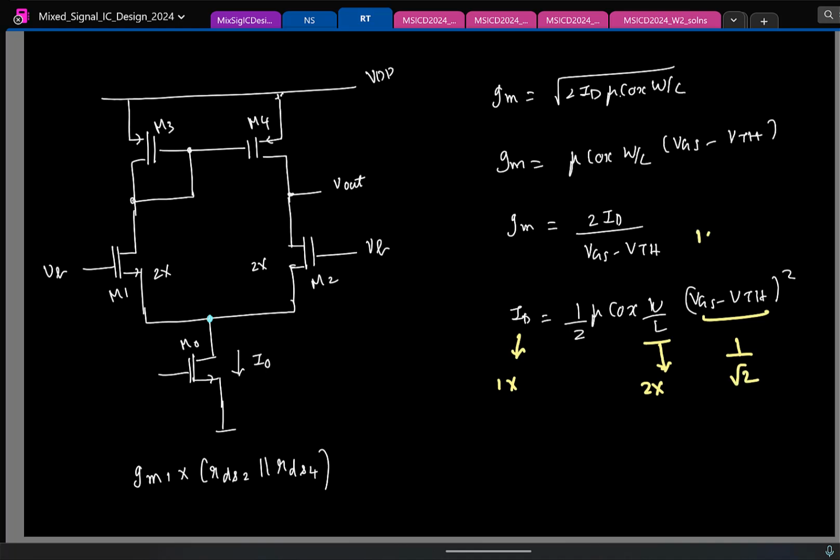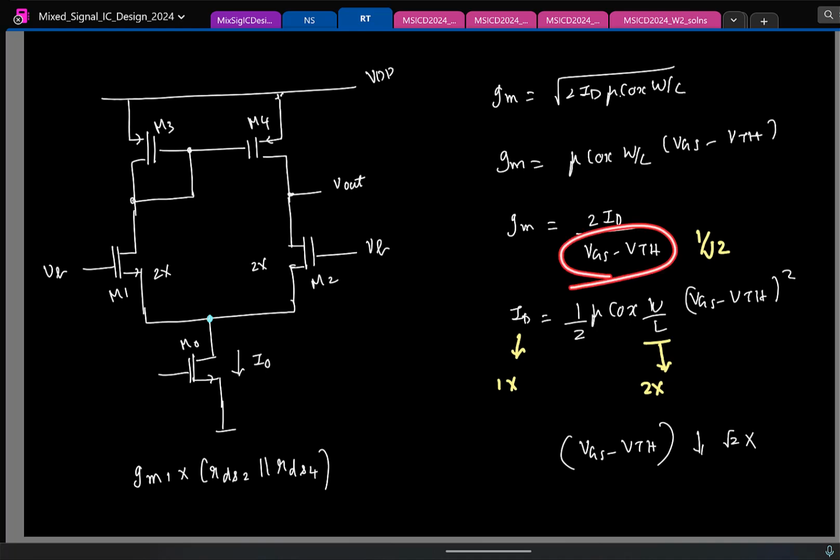So VGS goes as 1 by root 2. So how will gM increase? VGS minus VTH reduces by a factor of root 2. Is that clear? Maybe if it's not clear, I'll write it. If this reduces by a factor of root 2, what will happen to gM? By a factor of root 2.